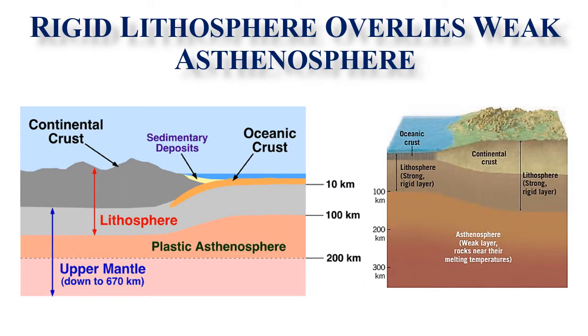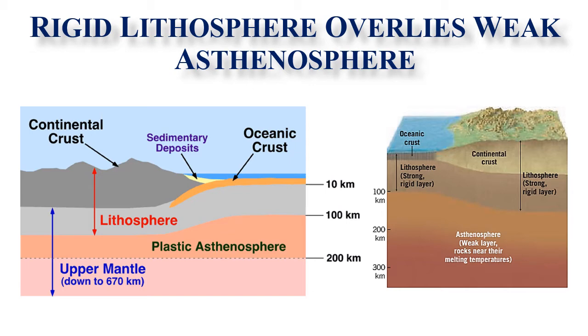According to the plate tectonics model, the crust and the uppermost, and therefore the coolest, part of the mantle constitute the Earth's strong outer layer, the lithosphere. The lithosphere varies in both thickness and density depending on whether it is oceanic or continental lithosphere.